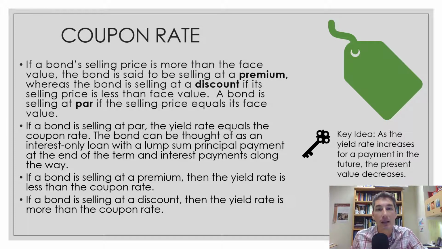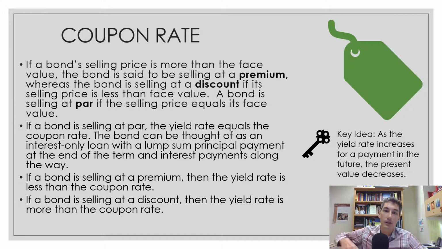So if a bond's selling price is more than the face value of the bond, then the bond is said to be selling at a premium. Okay, so let's say it's a $10,000 bond, and what you have to pay for the bond is more than $10,000.